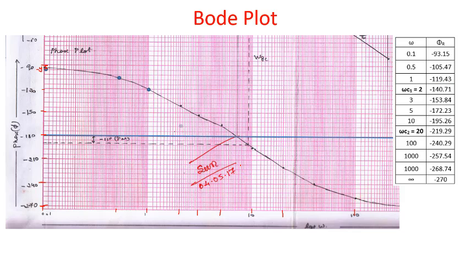So for all these points put the corresponding phase angle points with respect to the omega values. Then join all these points. Freehand you can join all these points like this.